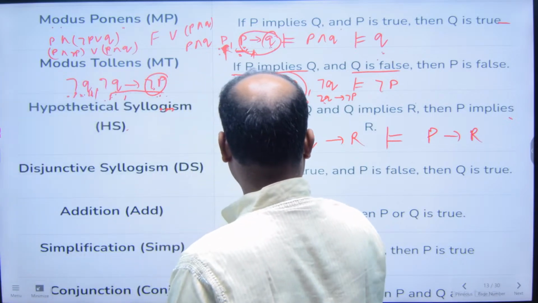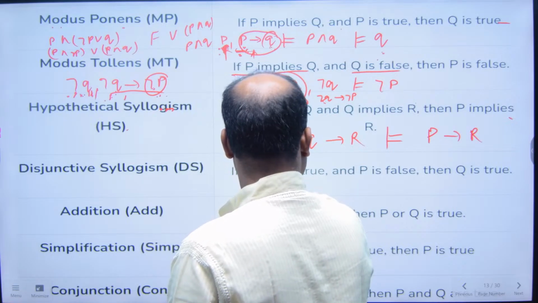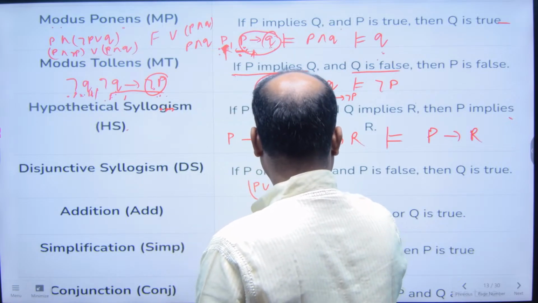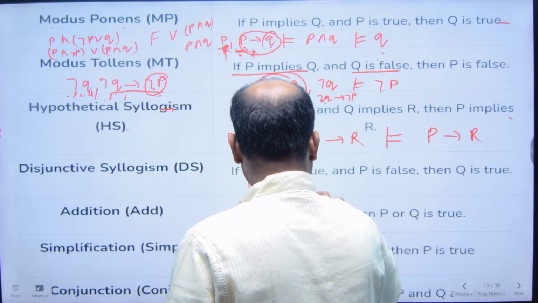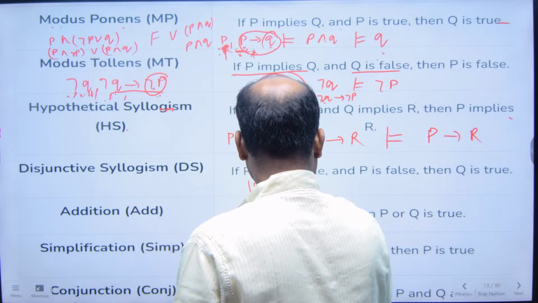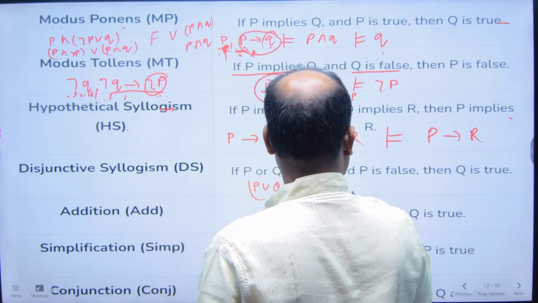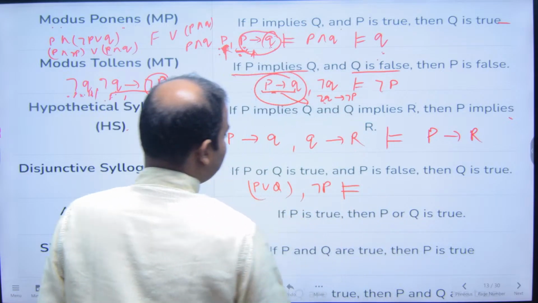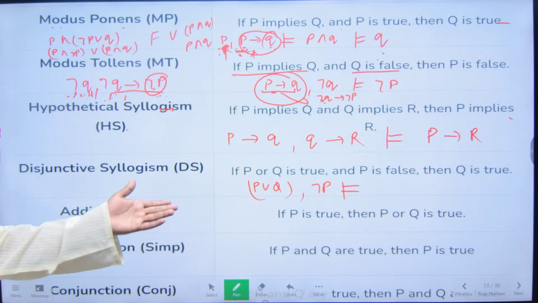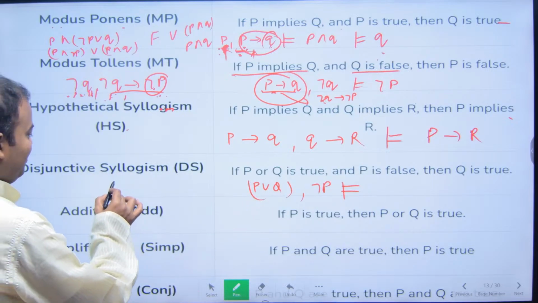If P or Q is true, and P is false, so actually if you apply the same modus ponens here, so this is what?